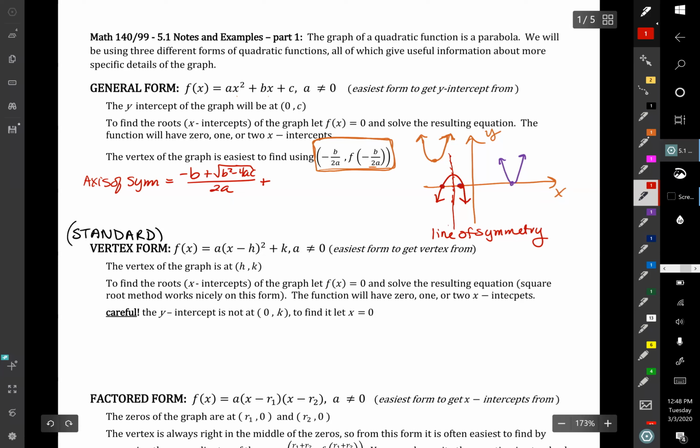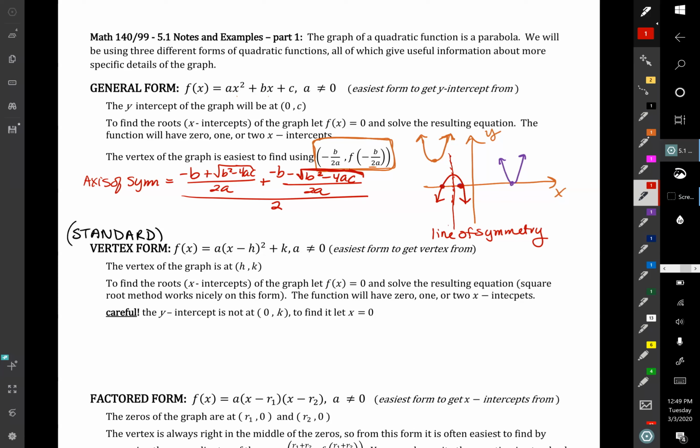And then I would add that, because I'm averaging here, minus b minus the other intercept, the square root of b squared minus 4ac, right? All over 2a, and then divide by 2 because I have 2 items. I'm taking an average, so that's how that works.